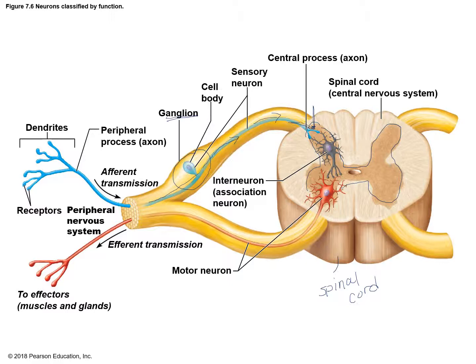So sensory information is always going to come in the backside, and you're going to have your interneuron within the central nervous system. This is going to be your interneuron here, and then this is going to be your motor neuron.